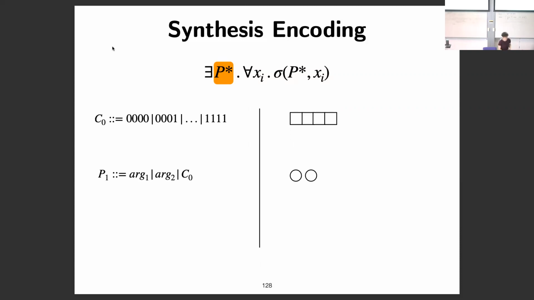To do this with an SMT solver, I can introduce some selector variables. I'll introduce these two selector variables that select P1. If the first one is true, then P1 takes arg1. If the first one is false and the second one is true, then P1 is arg2. If they're both false, then P1 is C0.